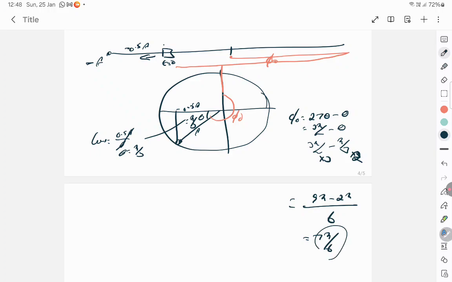If they ask you to find the initial phase for this instant when the particle is here, then this is the way you do it. You want to find phi naught, and cos theta is equal to 1 by 2, where 1 by 2 comes only at pi by 3. Then you substitute here, and this is your initial phase. If you want to write it, x is equal to A sine omega t plus 7 pi by 6. That's your phase.